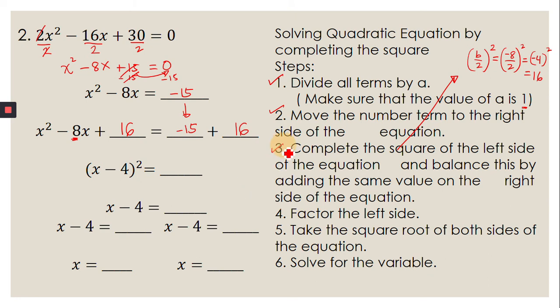That is step 3. Next is factor the left side. We are going to factor the perfect square trinomial here.